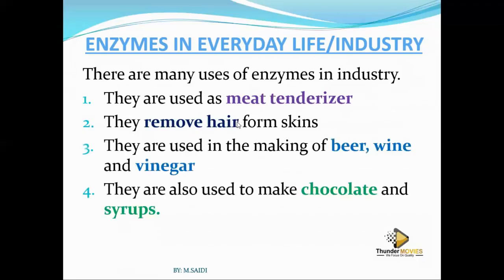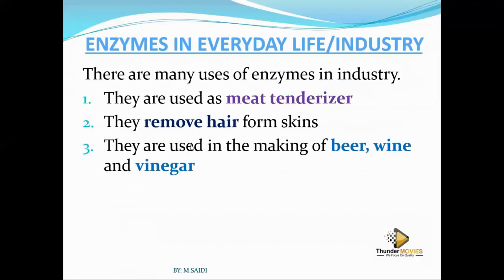The hair from the skin. Then another use is in making beer, wine and vinegar. We're going to look at this one in grade 11, how they use these enzymes to make beer, wine and vinegar.